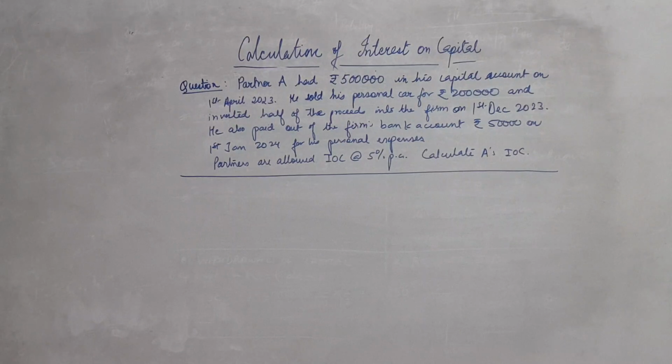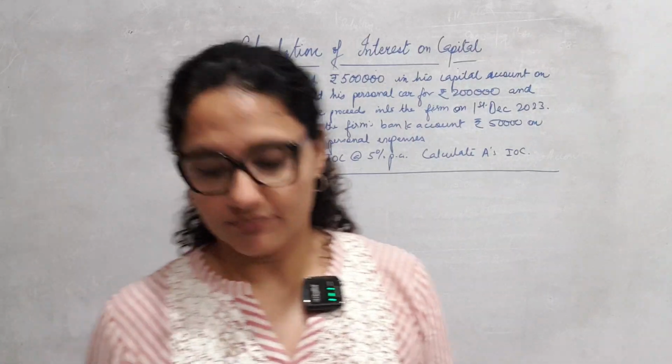He also paid out of the firm's bank account 50,000 on 1st of Jan 2024 for his personal expenses. Partners are allowed IOC at the rate 5% per annum. Calculate A's interest on capital. Okay. Read the sum well.